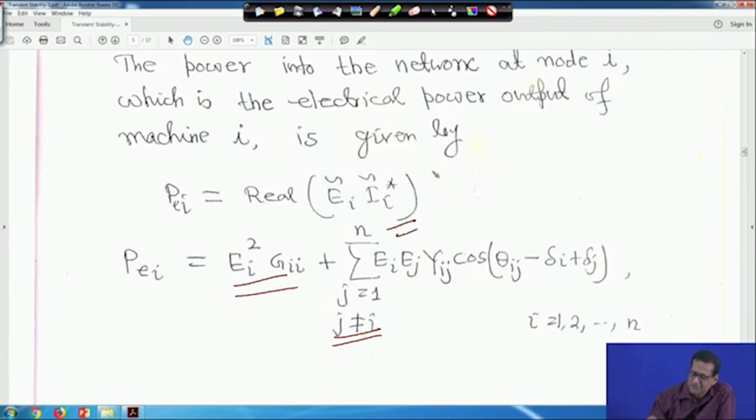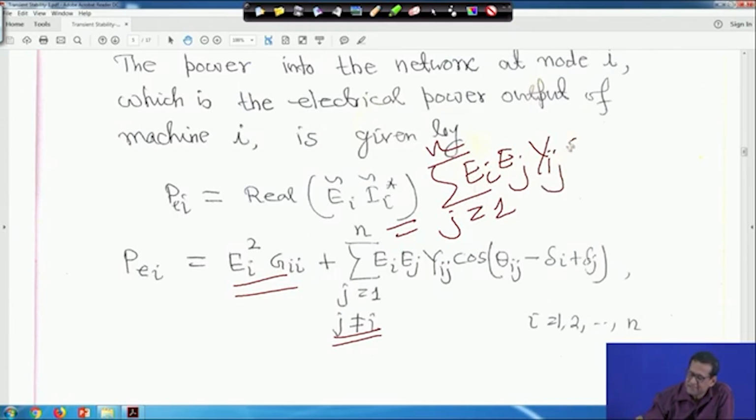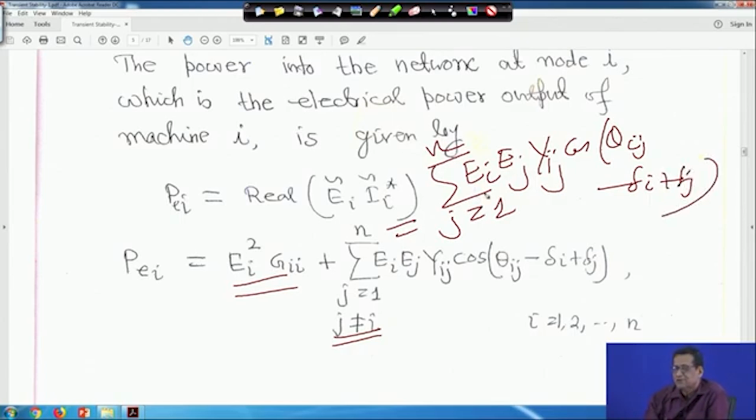So when you write this equation with j equal to 1 to n, you can write Ei, then Ej, then Yij, then cosine of theta ij minus delta i plus delta j. This you know from load flow studies.